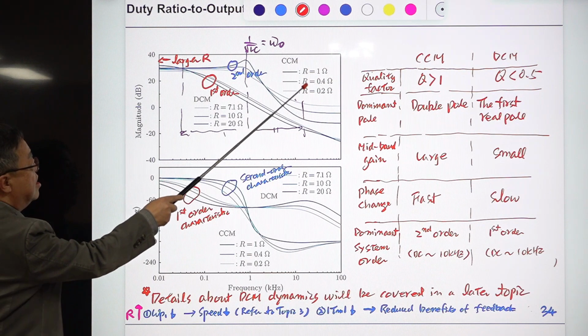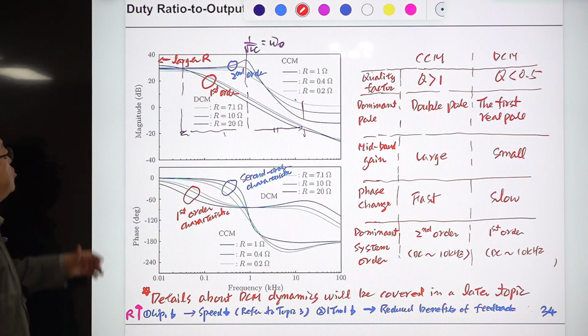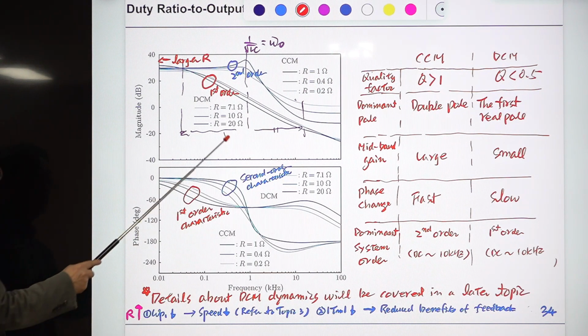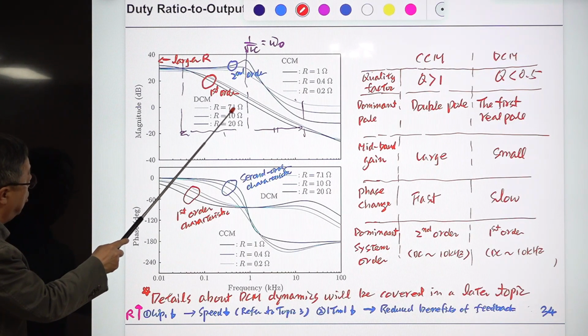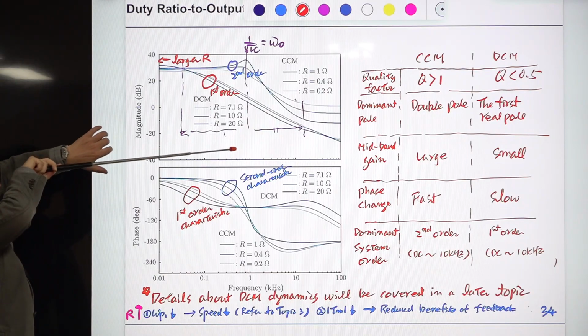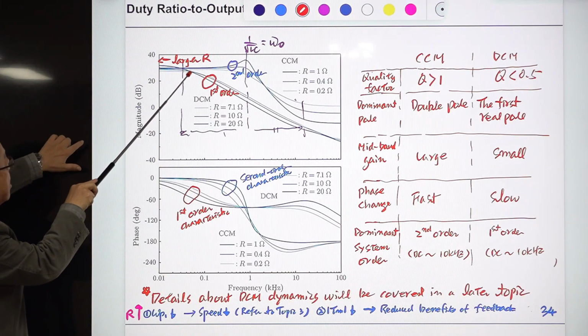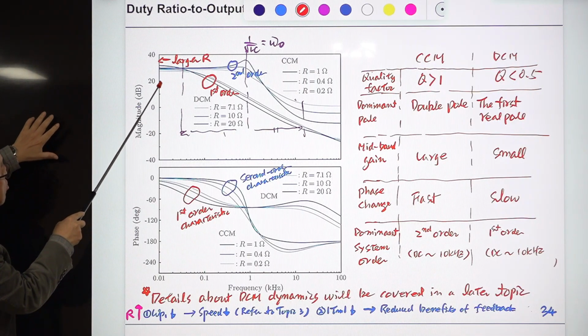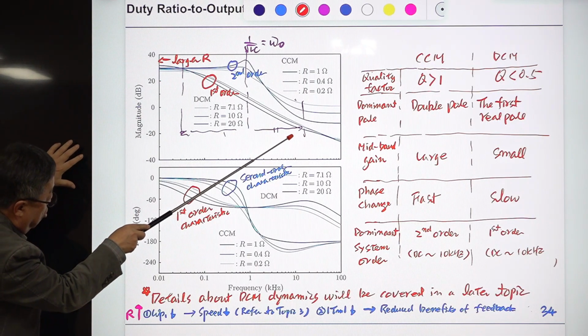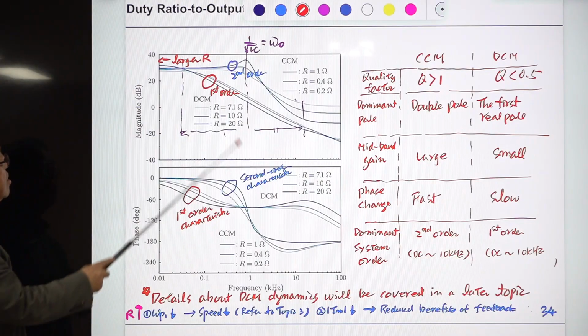If you increase R beyond some critical value, which is this one, and increase it further and further, the poles split, and one moves to a lower frequency while the other moves to a higher frequency.